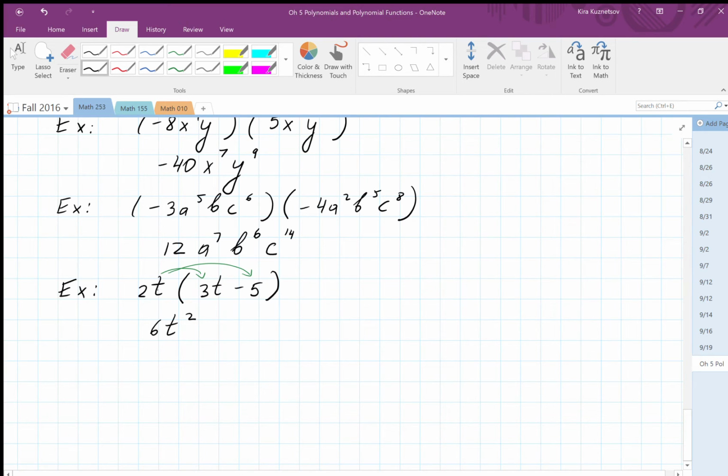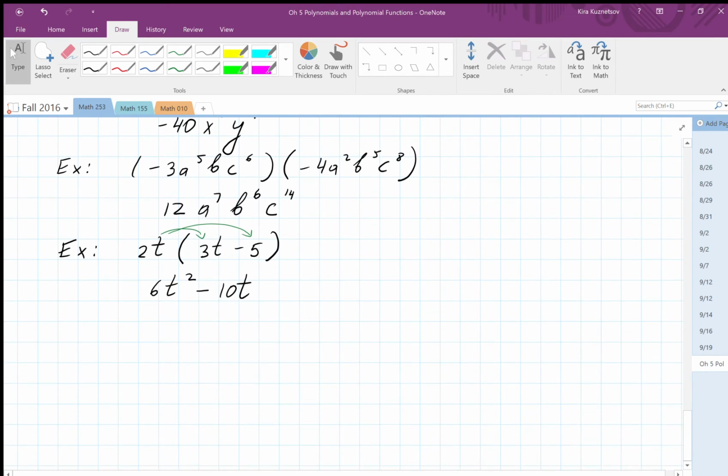A positive 2t and a negative 5 is a negative 10t. Make sure to attach the sign to the number that it stands right in front of, and you'll never lose it. So positive times negative is negative, and you're done with this particular example.